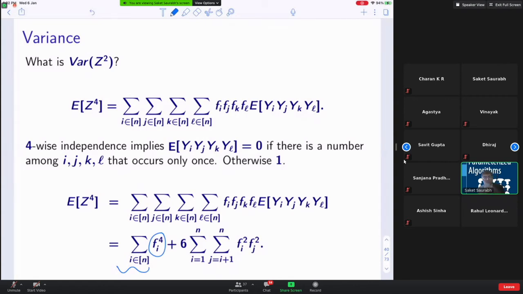And why did I say the expectation of the others is 1? Because look, what is the expectation of Yi square? It only takes +1, right?